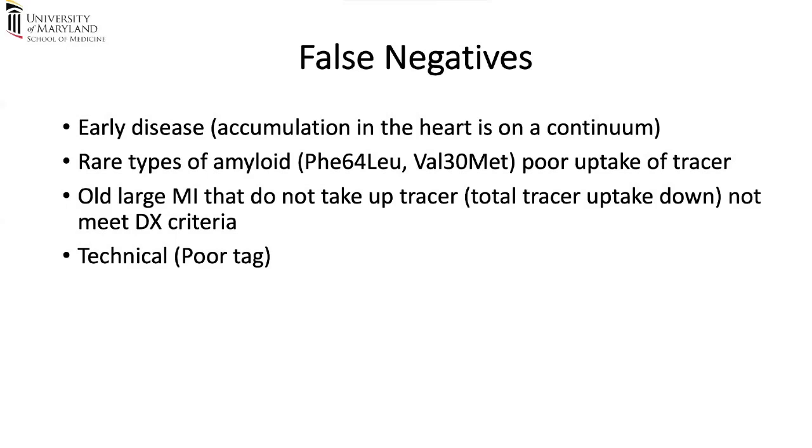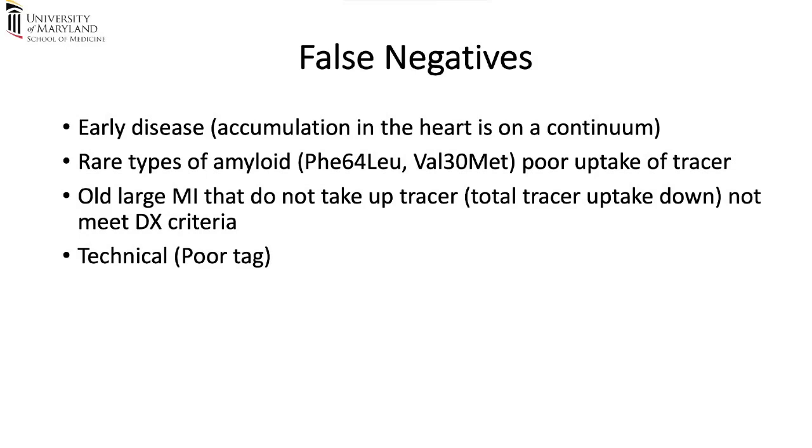If we look back at MPI studies, somebody with a 70% stenosis is a little positive, while somebody with a 99% stenosis is going to be really positive. So this is a disease going on for years, slowly accumulating protein. It's going to take us a while to figure out where in the disease process we're making this diagnosis.